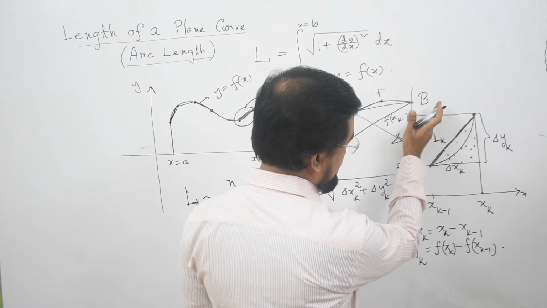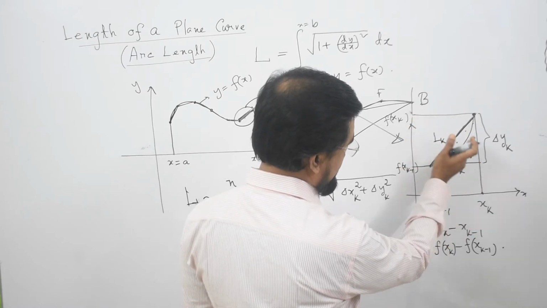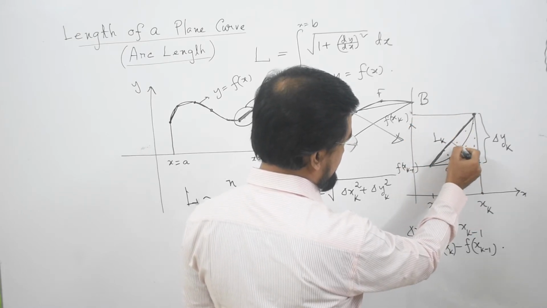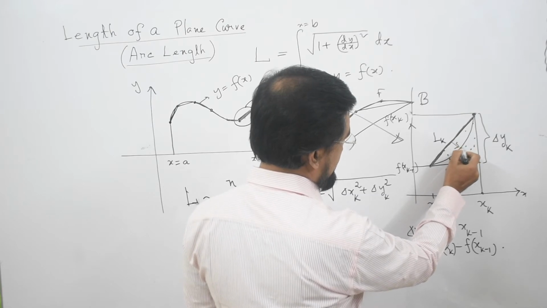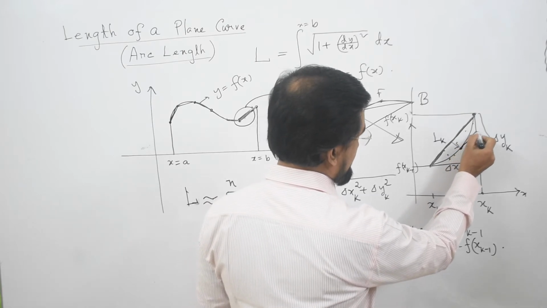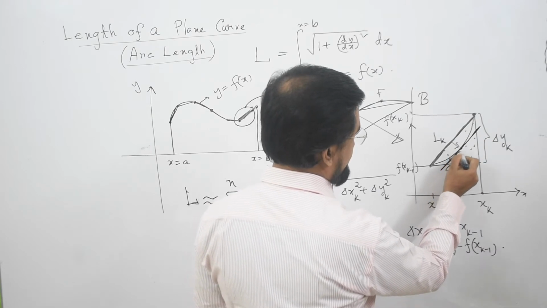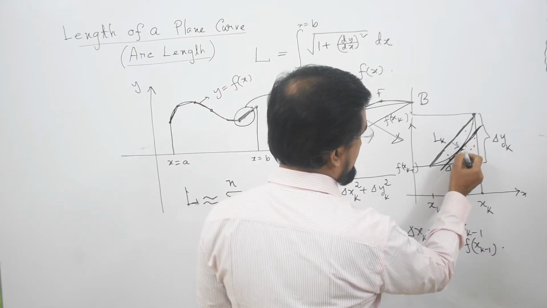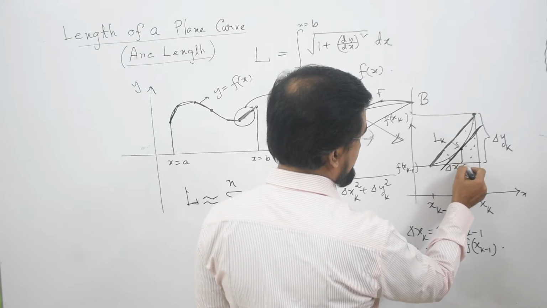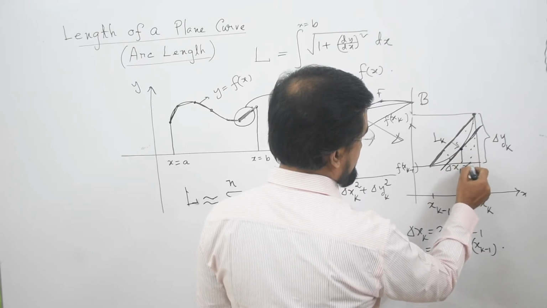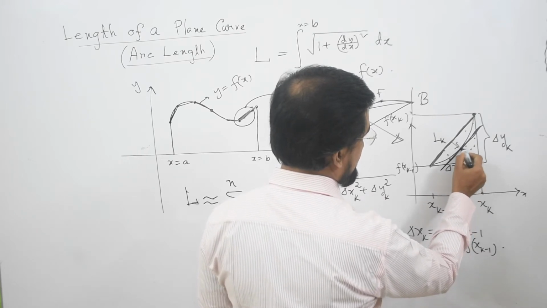If you draw a parallel line and move it to this side, then at this point you will get a tangent line, let's say at x equal to x star k.